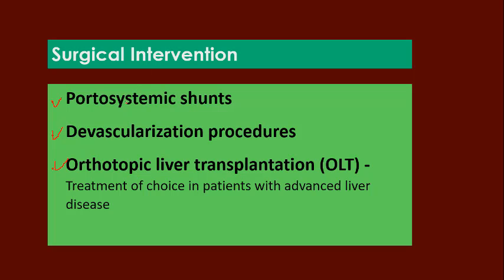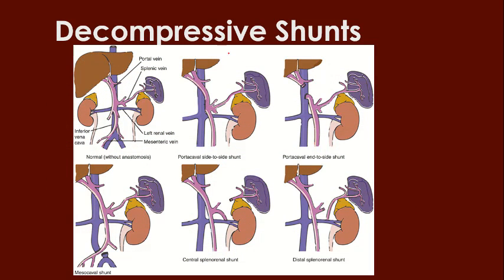The decompressive shunts. Surgical shunting provides better control of rebleeding when compared to combination therapy of beta blocker and endoscopic variceal ligation.